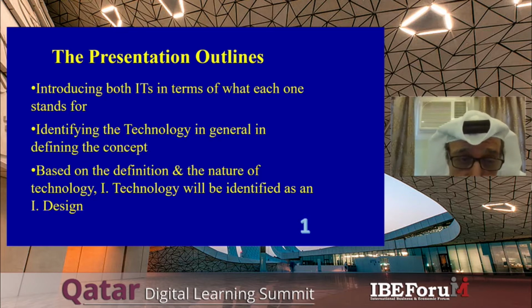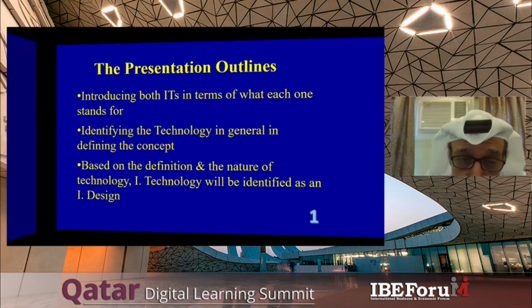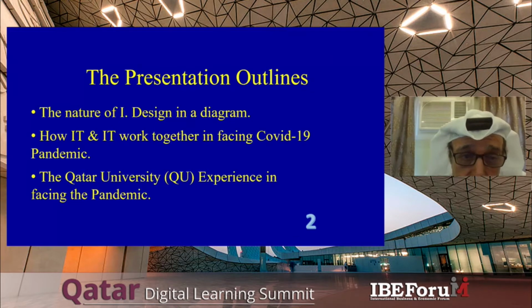Number three, based on the definition of the nature of technology, IT, or instructional technology and information technology, will be identified as an I design. Another outline: the nature of I design and a diagram. We'll put it in a diagram and see how it is designed. Then, how the two ITs work together in facing the COVID-19 pandemic.